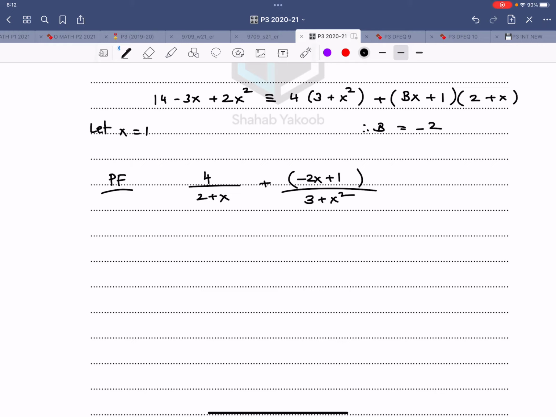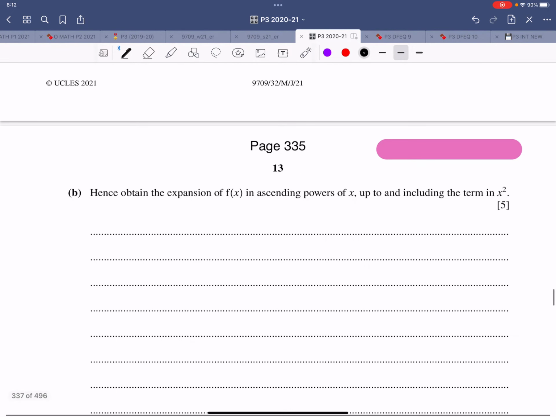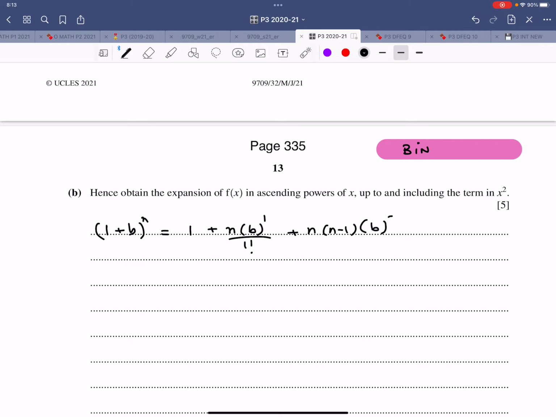What does it say? They are saying expand this up to and including the term in x square. So this is binomial now. So 1 plus b raised to power of n, that is 1, n multiplied by b power 1 over 1 factorial, and n minus 1, b raised to power of 2 over 2 factorial, and this thing continues.